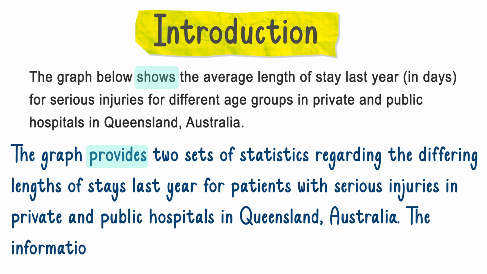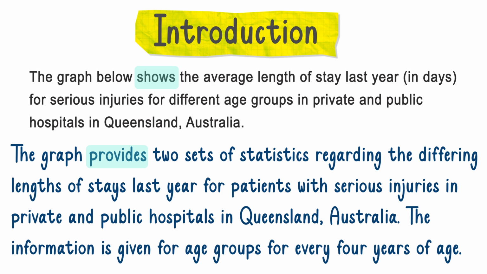The information is given for age groups for every 4 years of age. That is something important that should be mentioned in the introduction, all right? How the age groups are divided. This is very important.